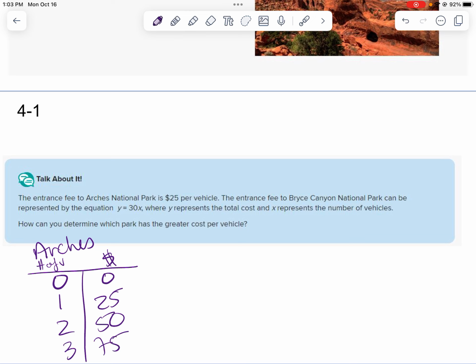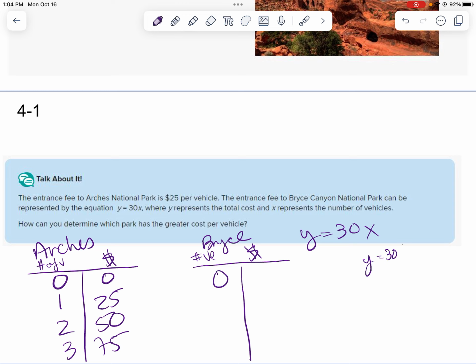Okay. The entrance fee for Bryce Canyon National Park, so Bryce, is from the equation y equals 30x, where y is the total cost and x is the number of vehicles. So if I put in 0, y equals 30 times 0.